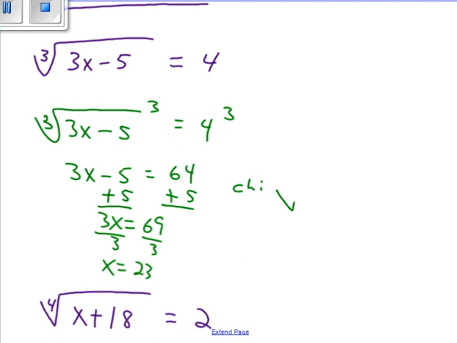So that's the cube root of 3 times 23 minus 4 equals 4.